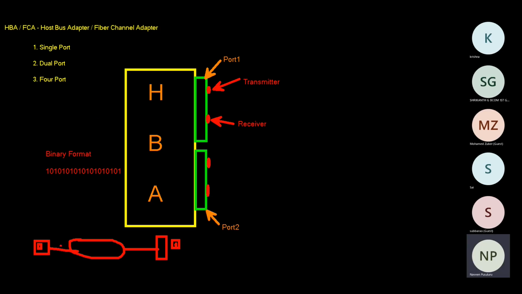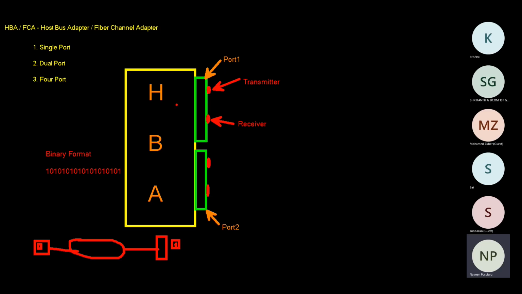It has to go through the HBA first and enter into the medium, and after that it will reach the fiber channel adapter, and finally it will enter into the storage, and it will be saved there.